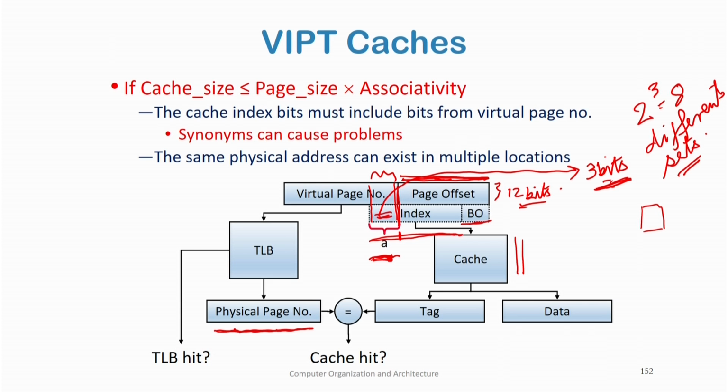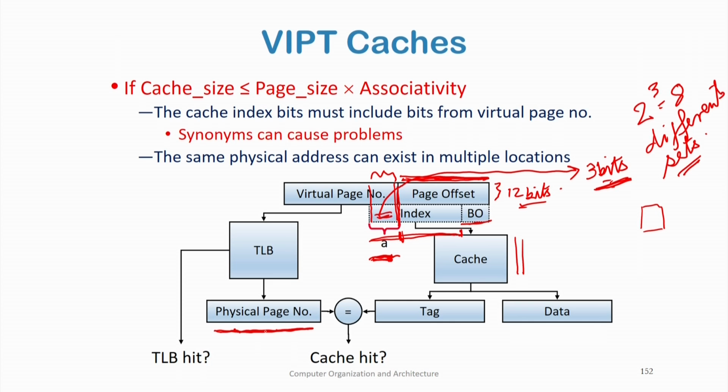So, I will reiterate. Based on this physical page number and this page offset, let us say a situation in which the physical page number is the same and the physical page offset is the same, and I am trying to index the cache using this index. Now, this part of the index is going to remain the same for this physical address.